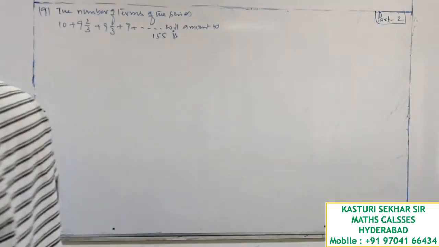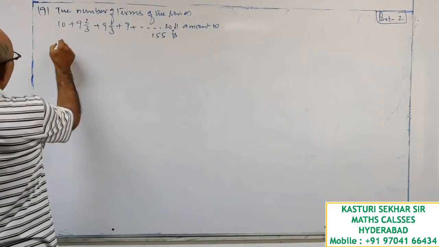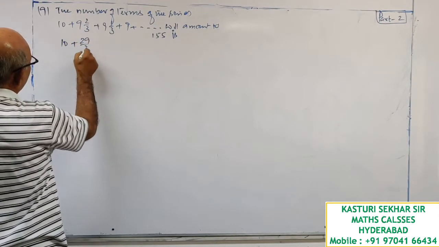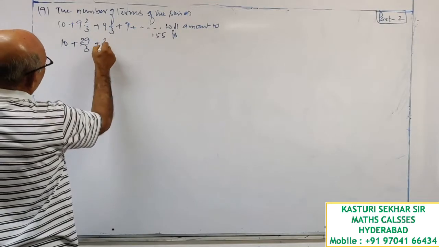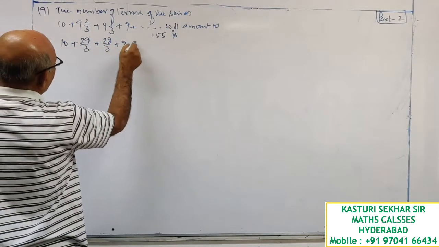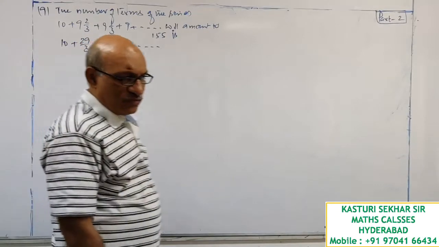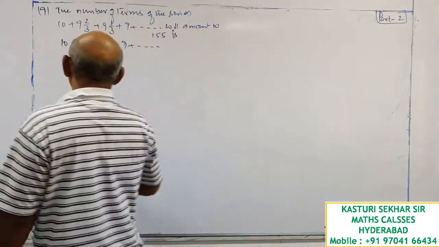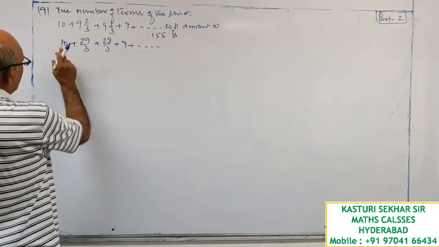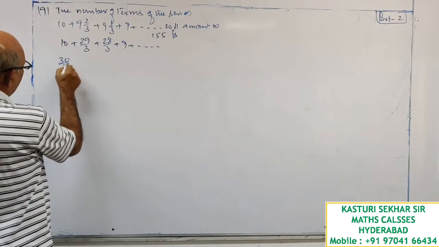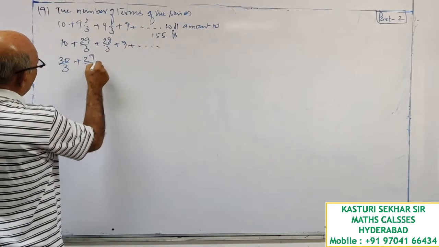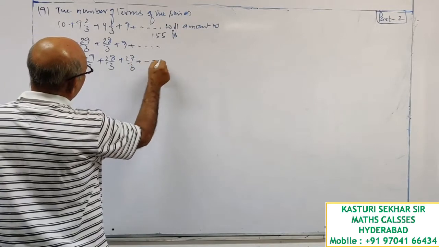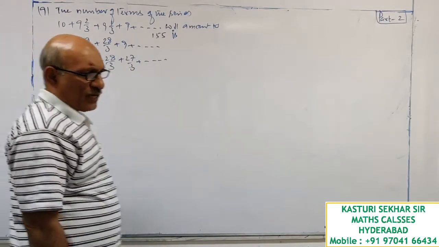Look at the question, sir. 10, 9 3s are 27 plus 2, 29 by 3, 27 plus 1, 28 by 3, plus 9, etc. This is the sequence. For our convenience, 10 is written as 30 by 3, 29 by 3, 28 by 3, 27 by 3, plus etc. This way you can write the sequence.